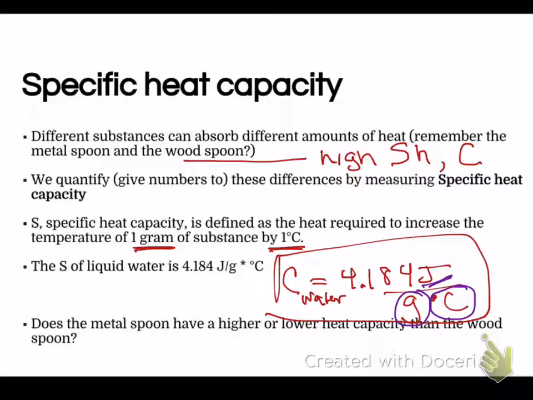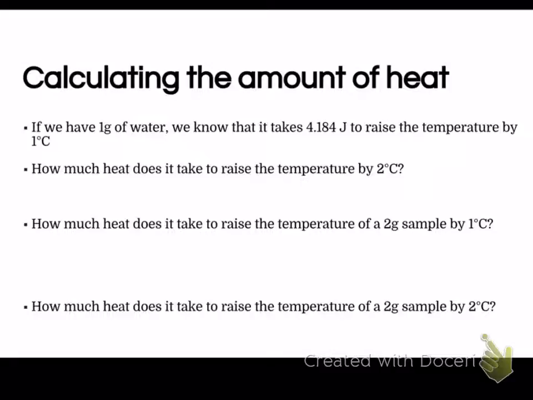Okay, so for example, if I had just 1 gram of water, I know that it would take exactly 4.184 joules to make the temperature increase from 0 to 1 degree Celsius. What if I wanted to go from 0 to 2 degrees Celsius? That's twice as much of a temperature change, so we would need 2 times the amount it requires to change the temperature by 1 degree.